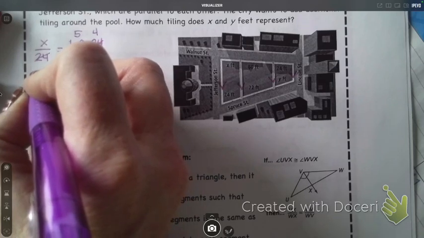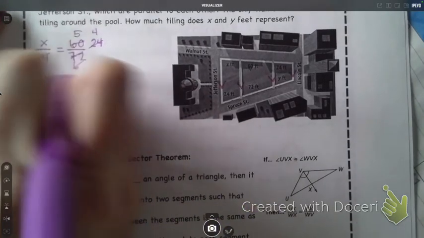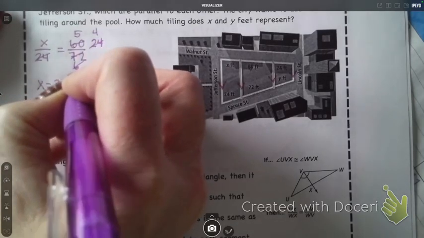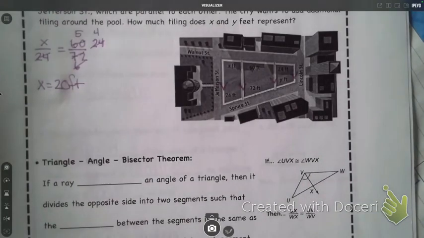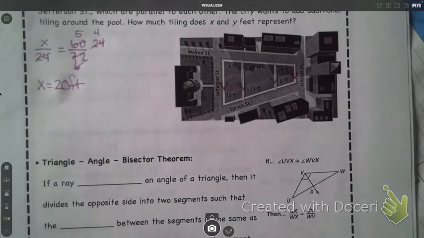I got 20 feet for X. Did you? Okay. Now I want you guys to find Y. See if you can find Y.